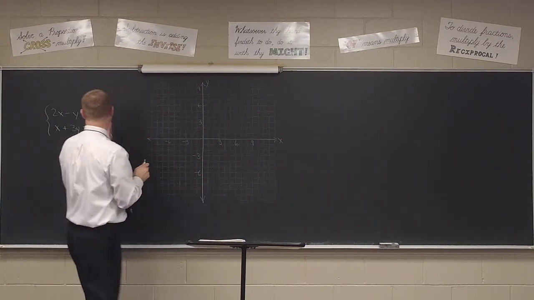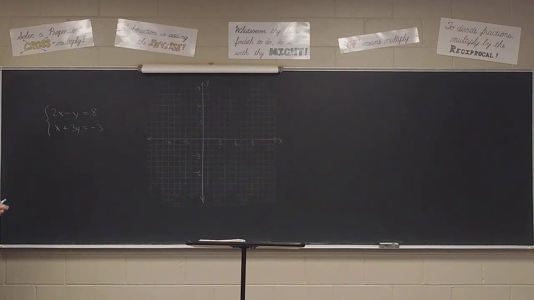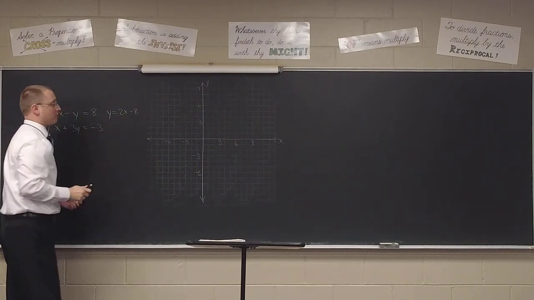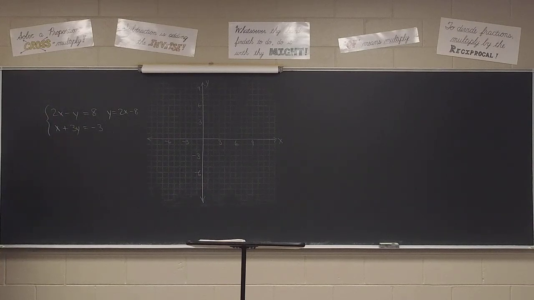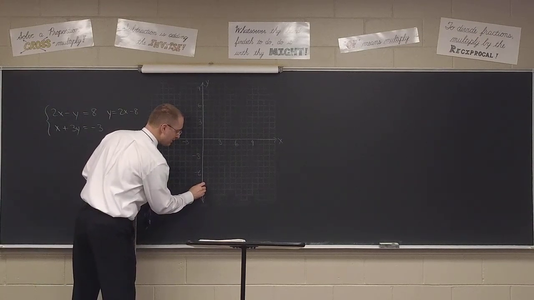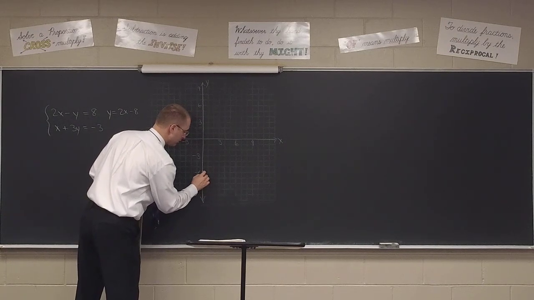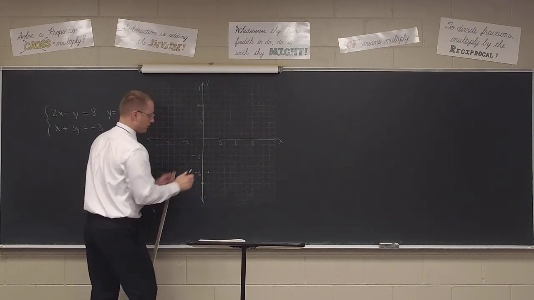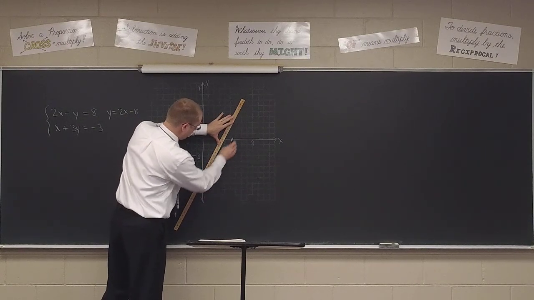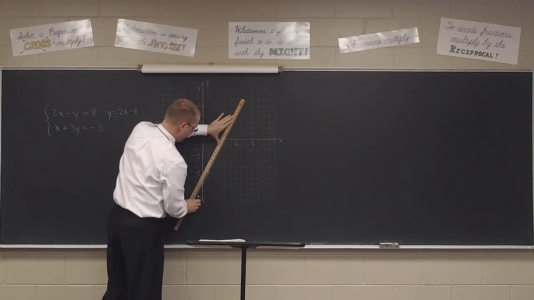And so we get y equals 2x minus 8. So to graph it, I'm going to start by plotting my y-intercept. Then we're going to rise, run, and when we connect the dots, we get a line that looks like this.